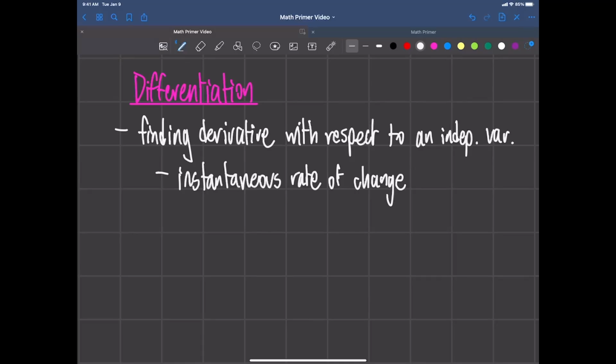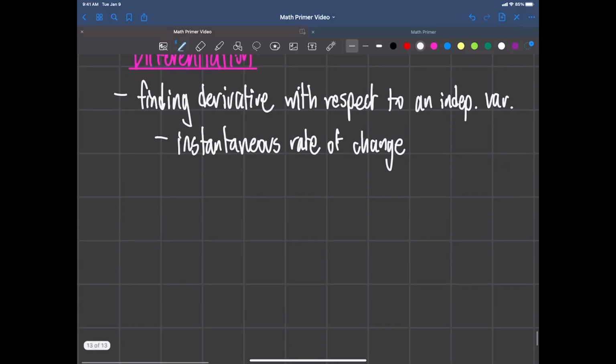That's the definition of the derivative. For example, given position over time, the rate of change of displacement, or its derivative, with respect to time is called velocity. The derivative of velocity with respect to time is acceleration.